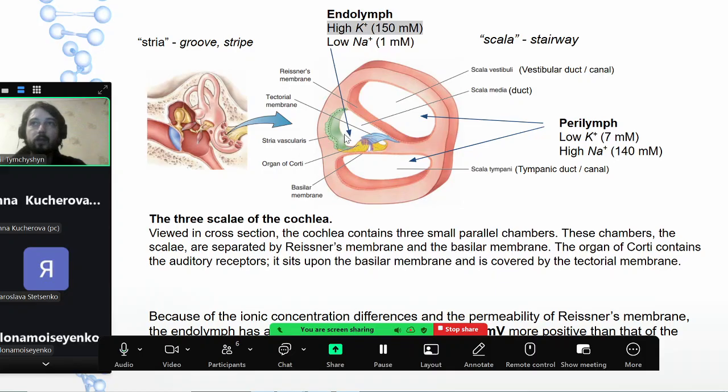And here we have perilymph. I showed you in yesterday's lecture how it gets to those cells, and it has pretty low potassium and pretty high sodium. So you see, they have very, very different ionic compositions.